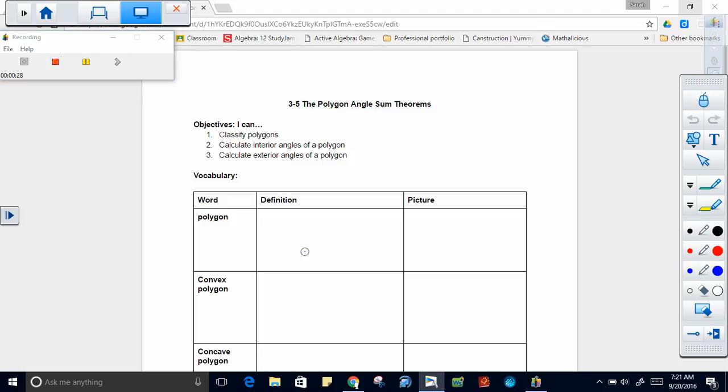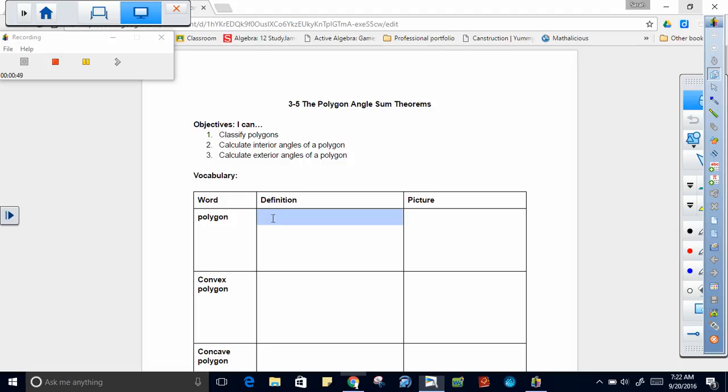So the first definition you have is a polygon. This is a lot to define, so I think I'll type it for you. Oh, okay, never mind.